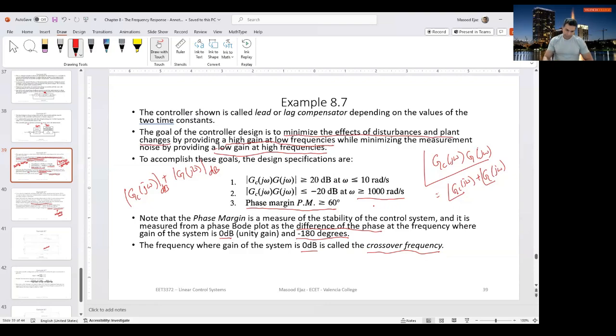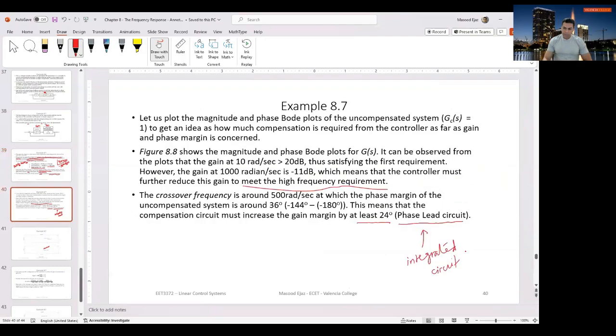So we have to further reduce that gain. When we add the GC(jω) gain, it will further reduce the gain at high frequencies. And of course, the angle has to be 60 degrees, from 36 degrees to 60. So at least 24 degrees has to be added by GC(jω).